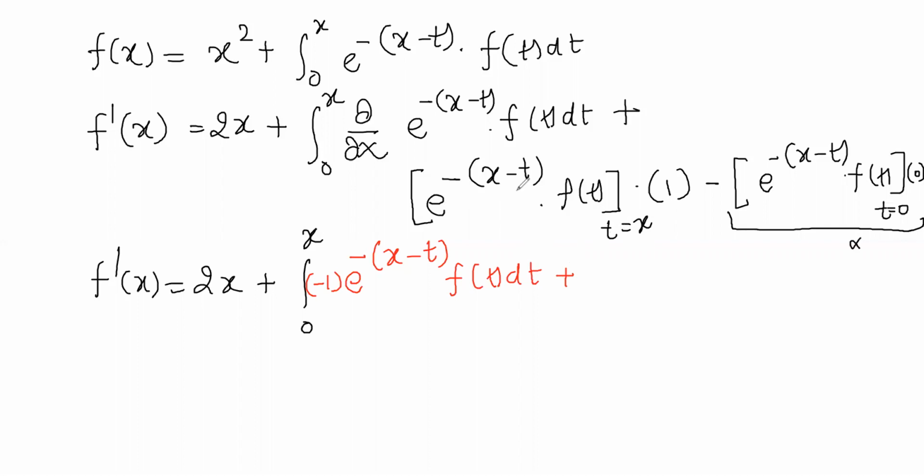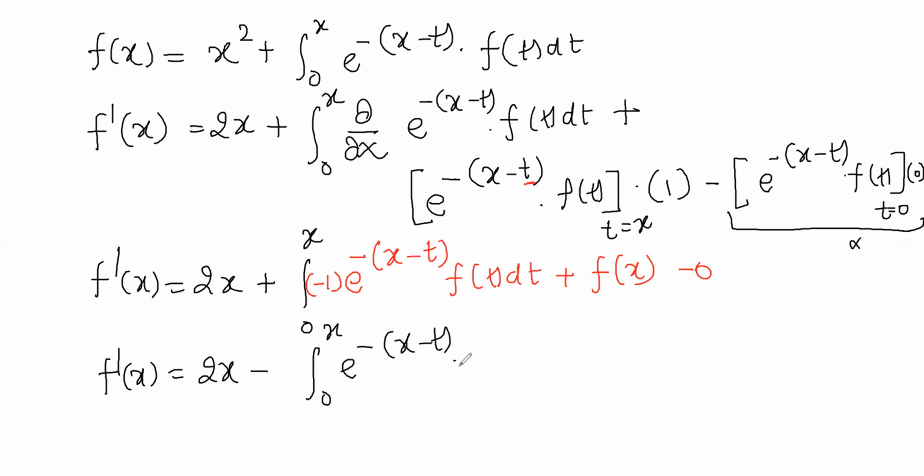If I put t equal to x, this x minus x will give me 0, and this entire quantity will give me 1, and I just have f of x, nothing else, and this quantity will contribute 0. So I'm ready with this. Now f dash x equal to 2x. Can I take this minus out and completely write down 0 to x e power minus of x minus t into f of t dt plus my f of x.